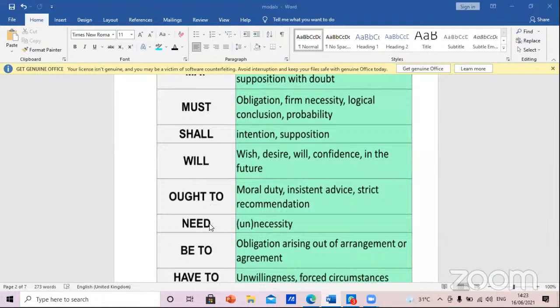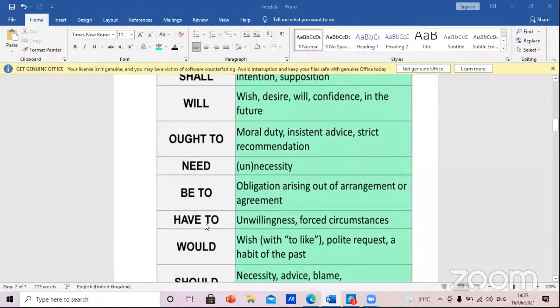Need means necessity. We need something, we want something. Then have to. Have to means though you like it or not, you have to do it. Forced. Nobody is going to consider your like or dislike. You have to do it though you like it or not.